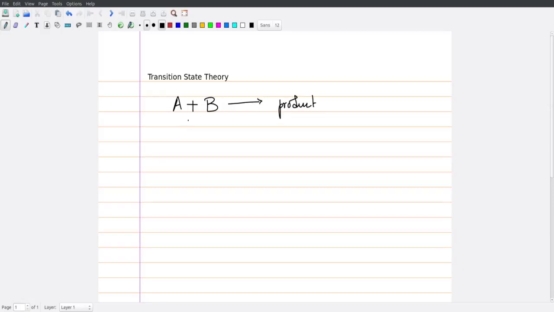Now what this transition state theory tells you is that A and B, before they go and form product, form a complex which is indicated by AB dagger, which then breaks down to give the product. This AB dagger is called the activated complex.